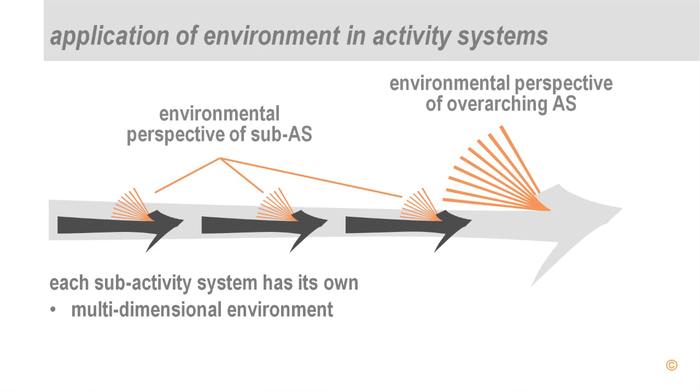Now, if there's a change of significance in one of the dimensions, in one of the sub-industries, this can have repercussions to the other sub-industries and the industry as a whole.